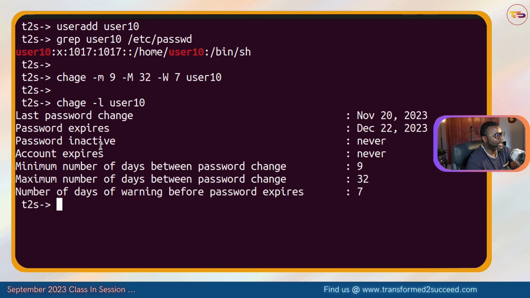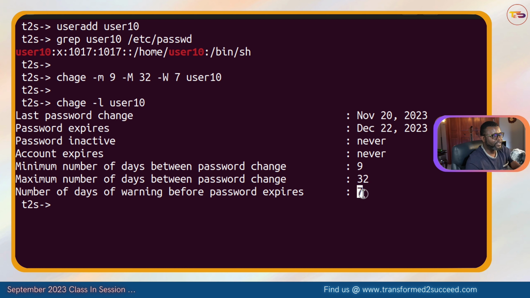When you talk about minimum days, that's what is required from the user before they can change the password. So they're going to get 9 days for that, but the maximum number of days between password changes is set to 32 here.